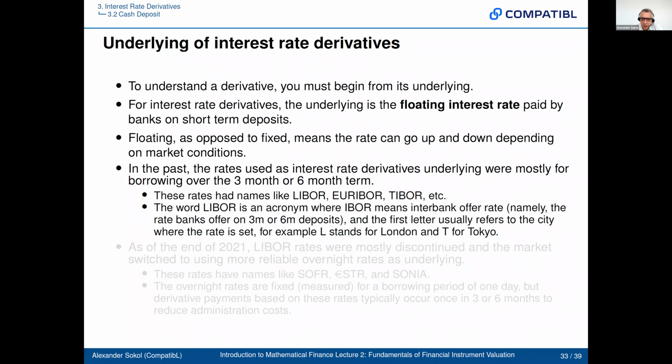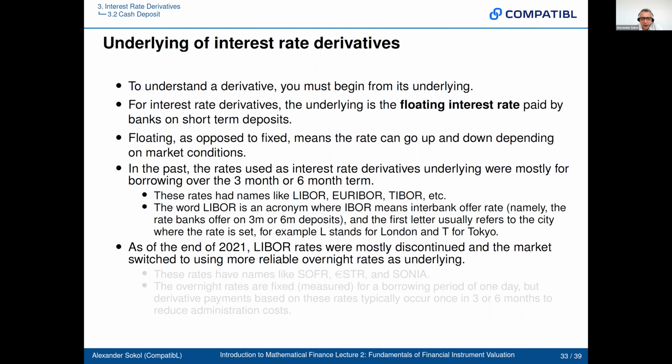The first letter, in this case L, usually refers to the city where the rate is set. So L stands for London, T stands for Tokyo, and EURIBOR stands for the euro rate. It's not named after a particular city, but after a currency.